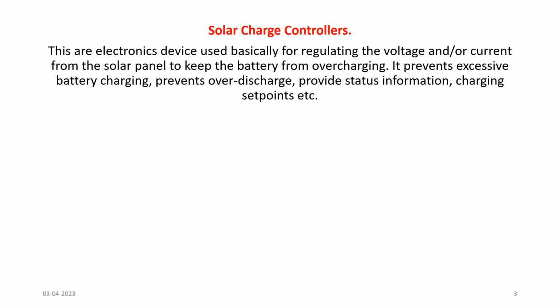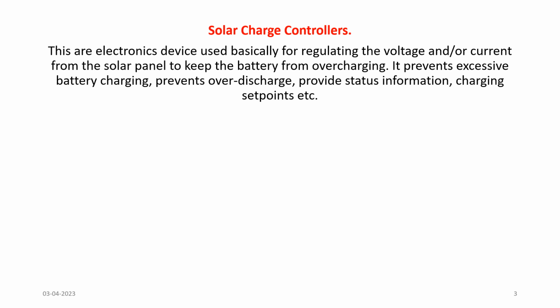You will see the current coming from the solar panel, you see the voltage coming from the solar panel that charges your battery, and some will even display the amount of wattage in kilowatt hour that is coming from the solar panel too.